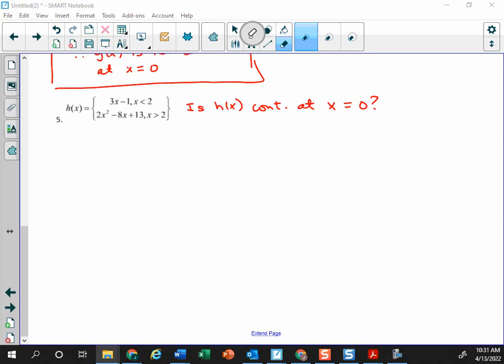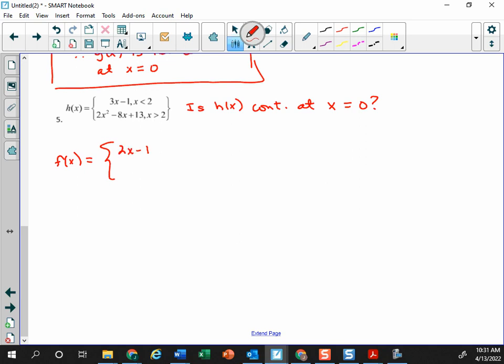Wait. So how do you see that algebraically? So what if I gave you a piecewise? And I said this happens when x is not equal to 4, and this is when x equals 4.